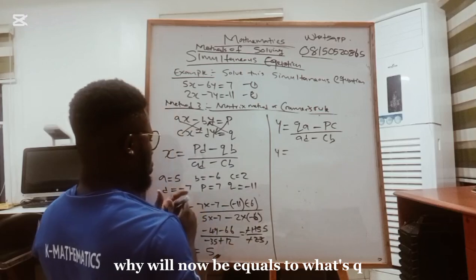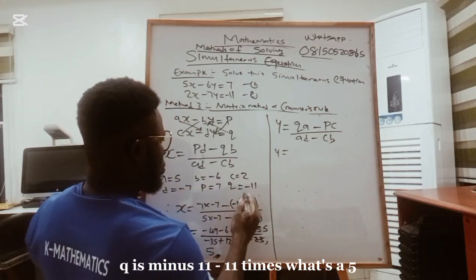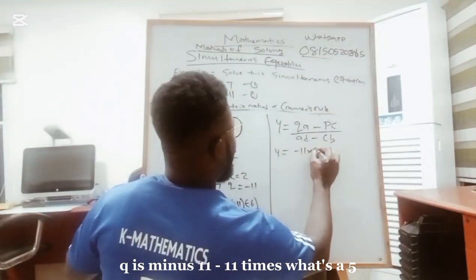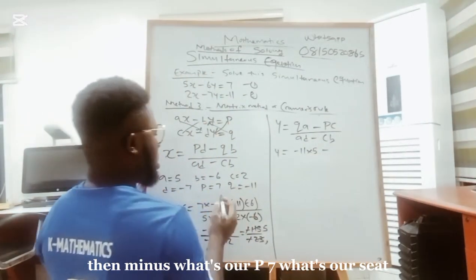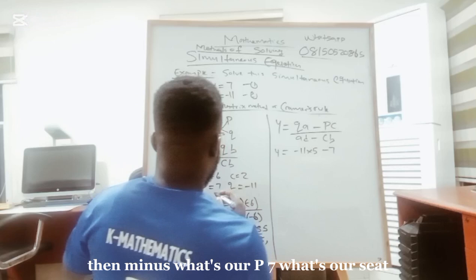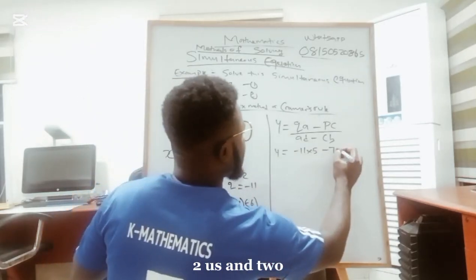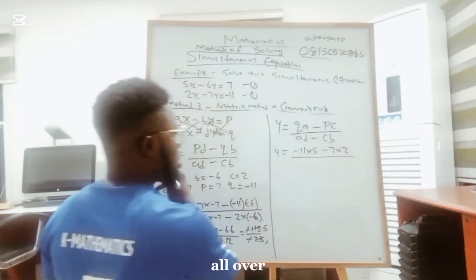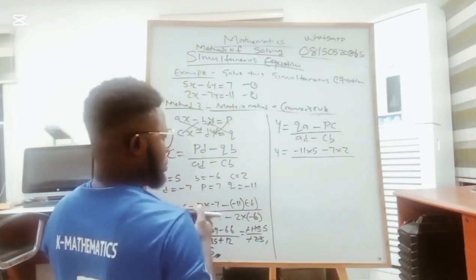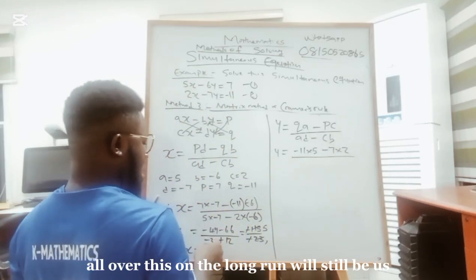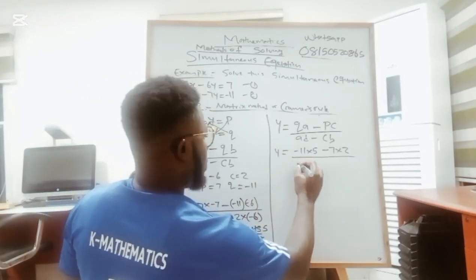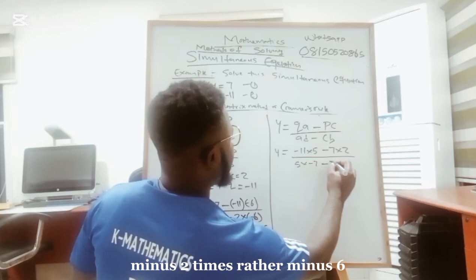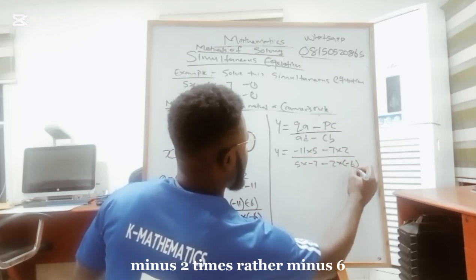Let's confirm if this is clear. y will now be equal to, what's q? q is minus 11. Minus 11 times what's a? 5. Then minus, what's our p? 7. What's our c? 2. That's times 2, all over this, which on the long run will still give us 5 times minus 7 minus 2 times bracket minus 6.